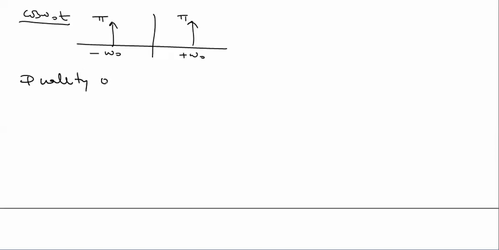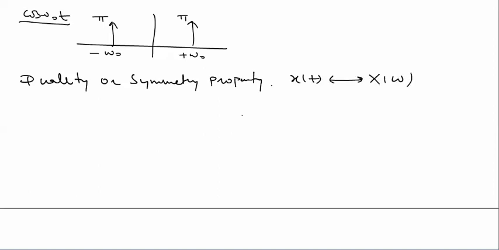As per duality, if x(t) has Fourier transform denoted by X(omega), then this frequency domain function is replaced with t, omega is replaced with t, and this term is replaced by x of minus omega. This is known as the symmetry property.